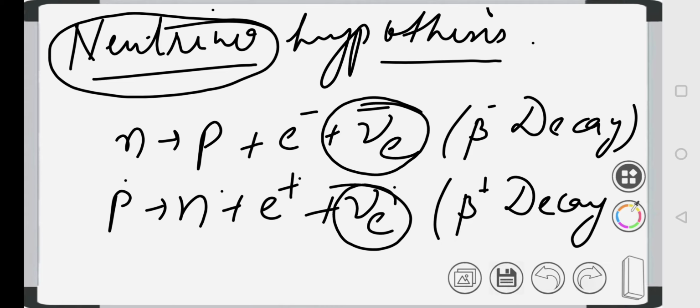And so when there is emission of an electron or positron, then another particle is emitted.